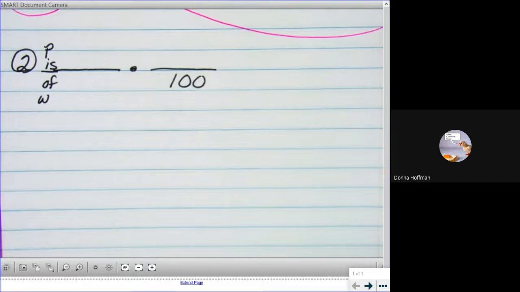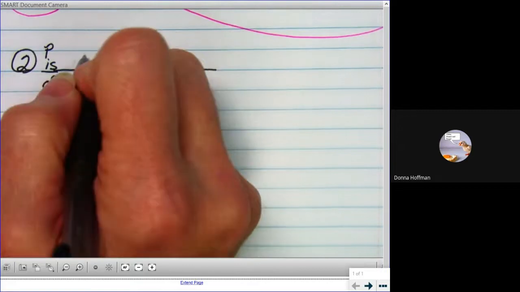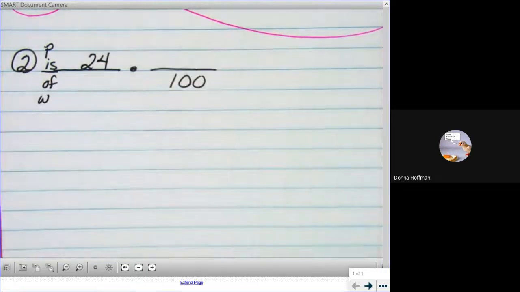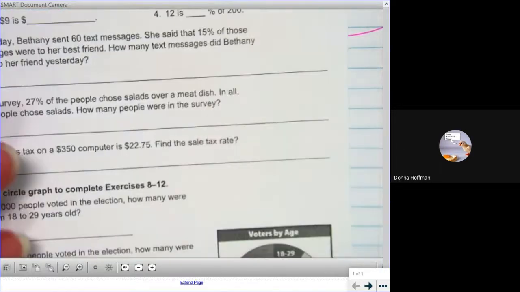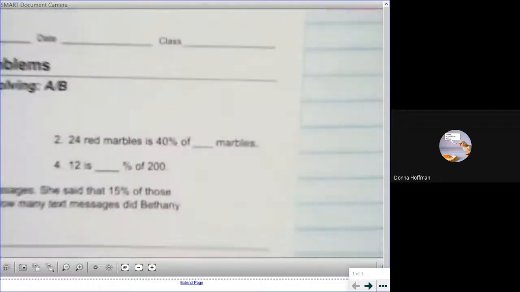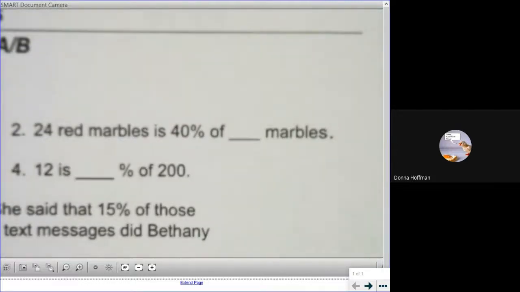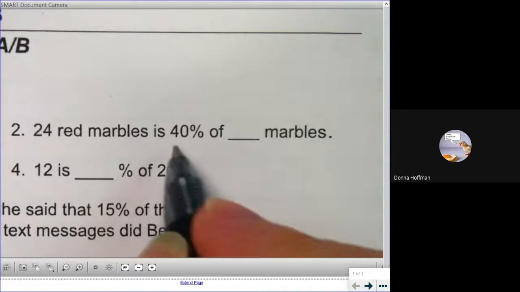So 24 red marbles is 40% of blank marbles. What do I plug in where? Yep. Part is 24. My percent is 40. Good.